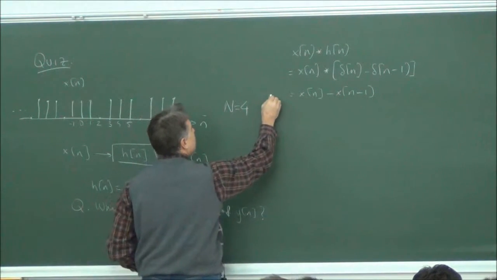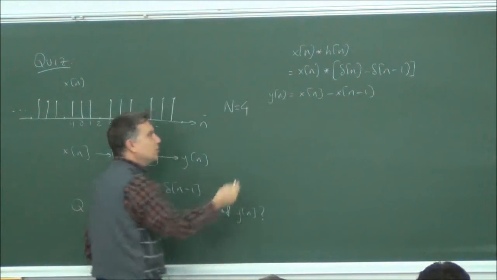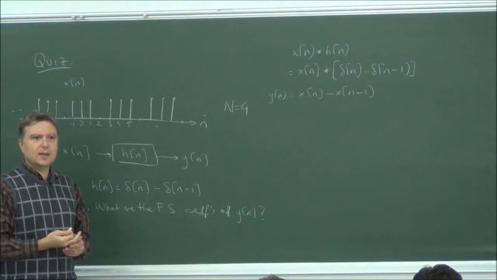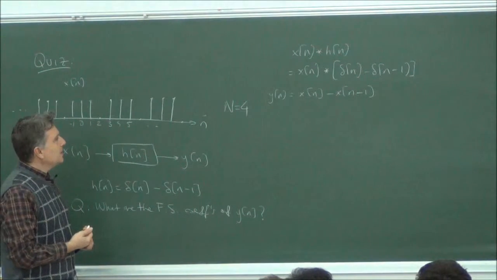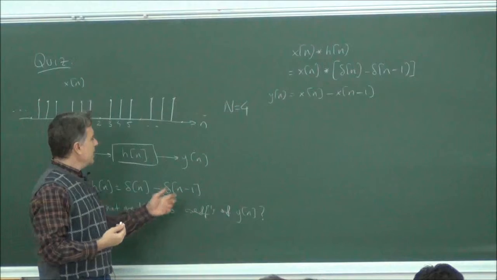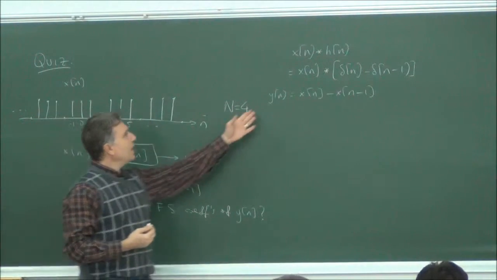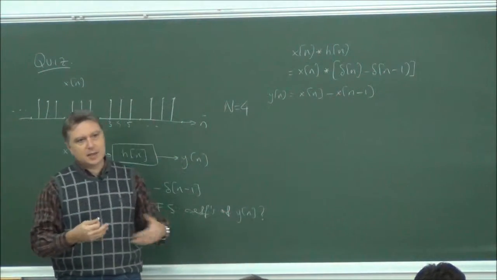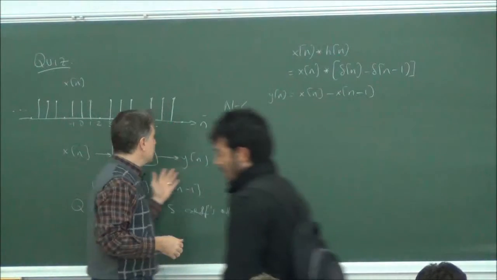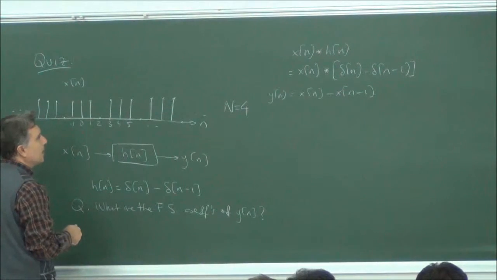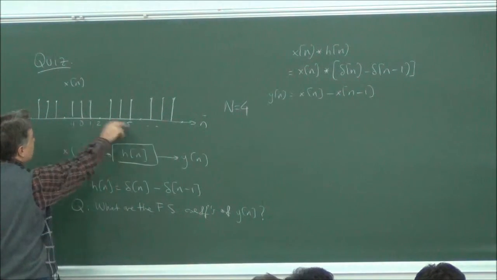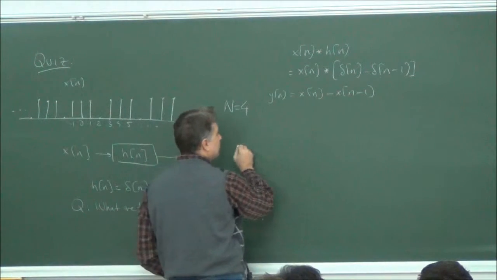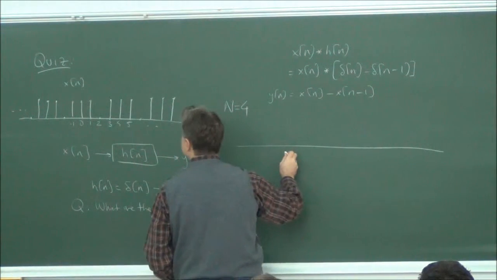So that is y of n. The input-output relation could also be given to you like this. It's the same as saying h of n is equal to this one, or y of n in terms of x of n is given like this. That's an input-output formulation. This is an impulse response formulation. And when you apply it to your x of n, what will you get?